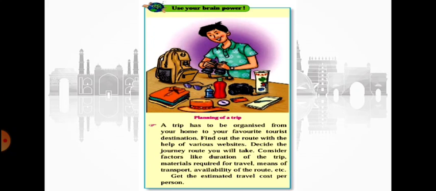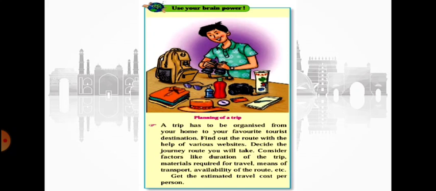Step 3. Choose a destination. Step 4. Book train tickets, bus tickets or flights depending on which route you have chosen to travel. Step 5.